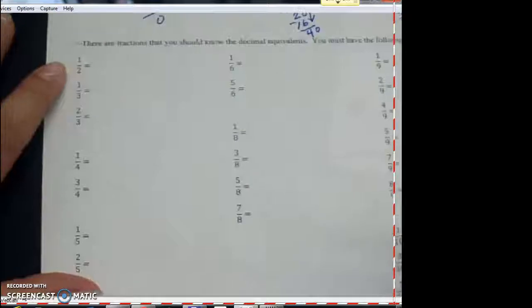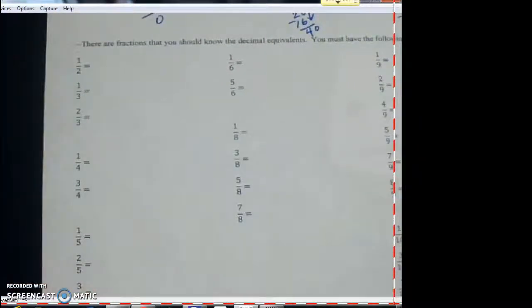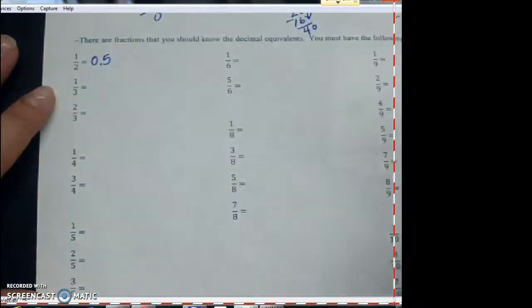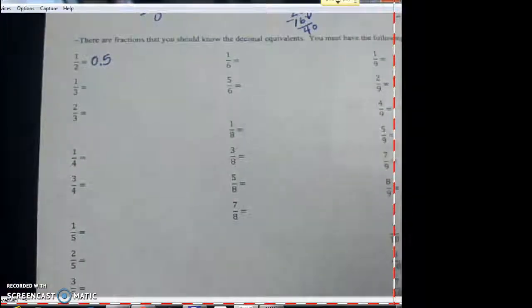So 1/2. 0.5. Think money. What's half of a dollar? It's 50 cents. Okay. Thirds. What do you think? Repeating. Thirds is a repeating, because I can't equally break 1 up into 3 equal parts.